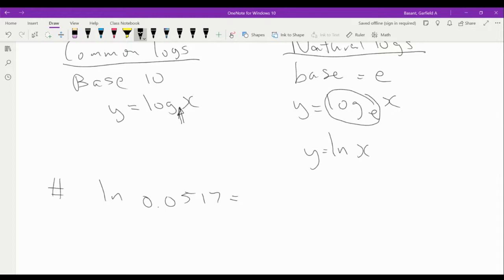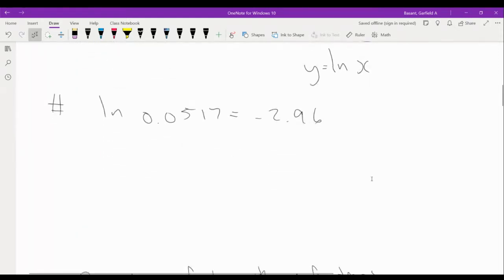Negative 2.96. And that's rounding to 2 decimal places, or to what we said, the nearest hundredths. Because on MyMathLab, by the way, be careful. They always ask you to round to decimal places for problems like this.